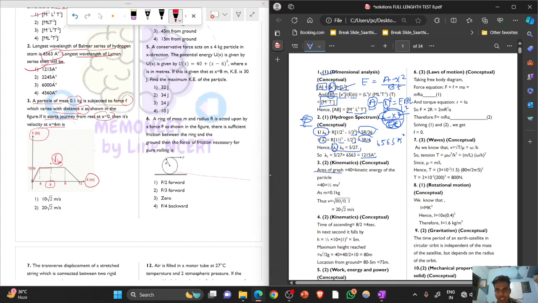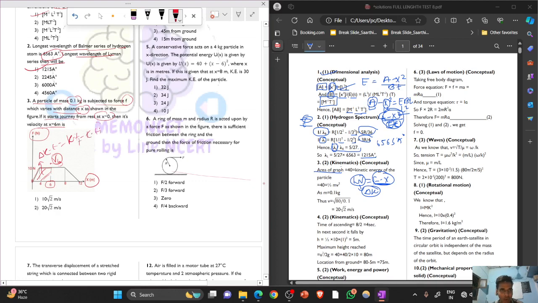Work is given by force into displacement, so the area under the F-x graph will give you the work, and work gives you the change in kinetic energy. So you can calculate this area, and this area equals the change in kinetic energy, which equals kinetic energy final minus kinetic energy initial.